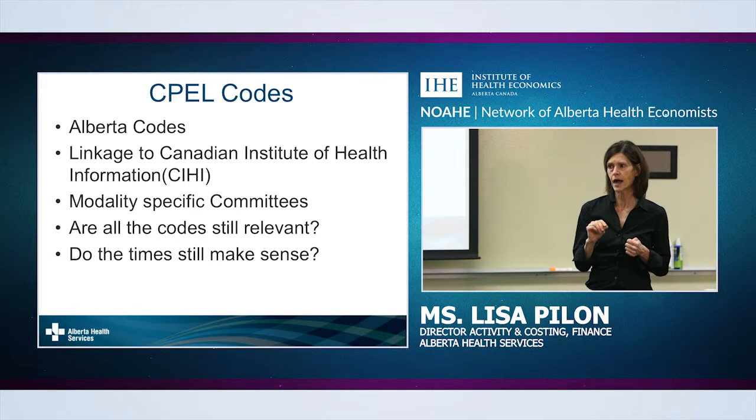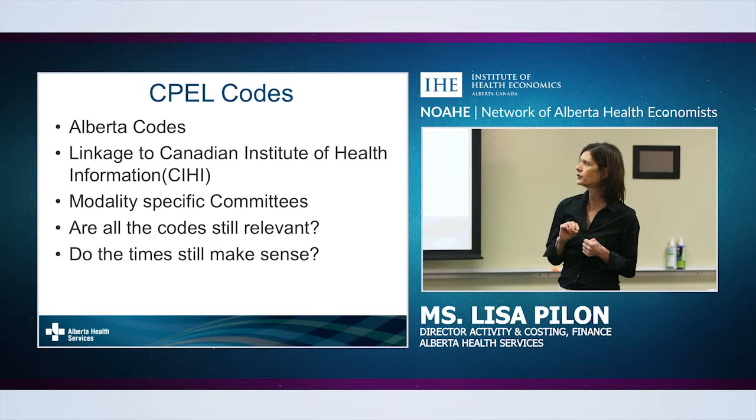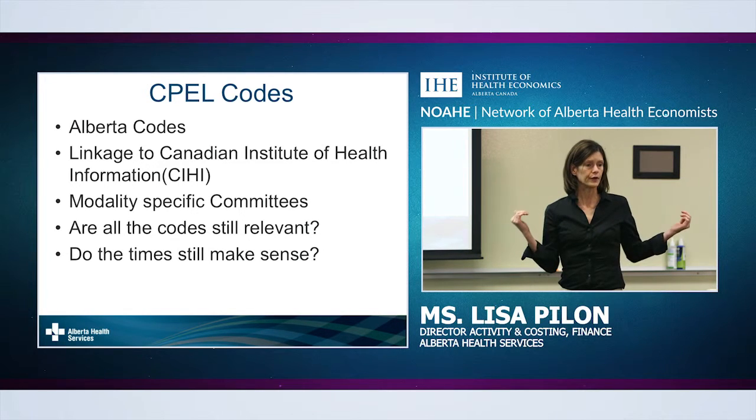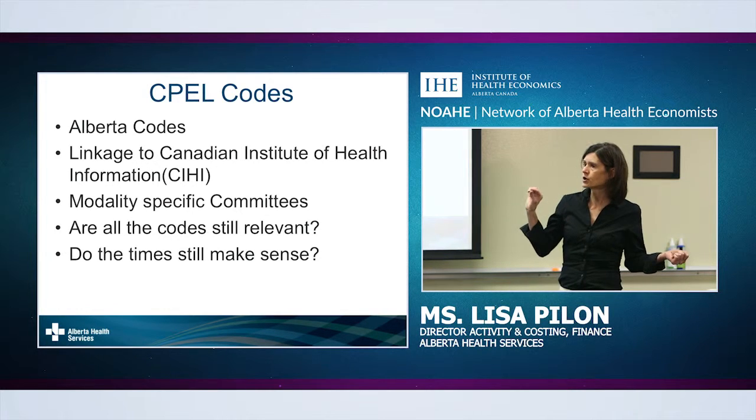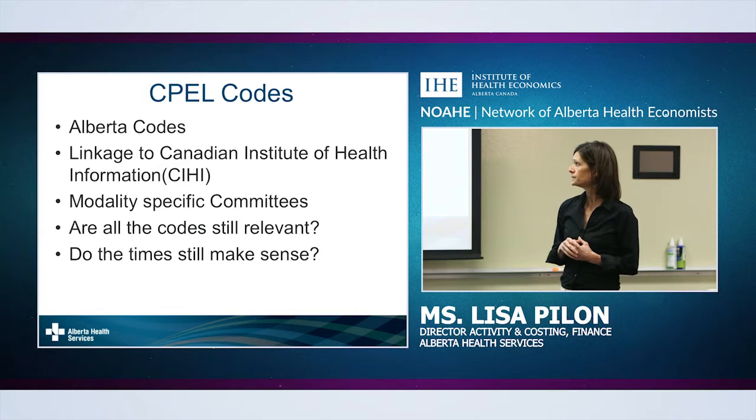However, having said that, they're very closely matched to CIHI codes. I'm not sure how many of you heard at the last one last week, CIHI being the Canadian Institute of Health Information. Their database collects a wealth of information across Canada. They have CPEL codes. Ours are closely mapped. They're more granular, but they are somewhat similar.